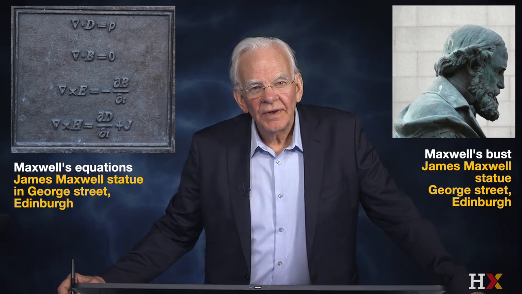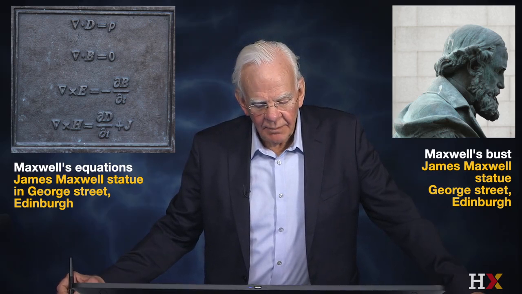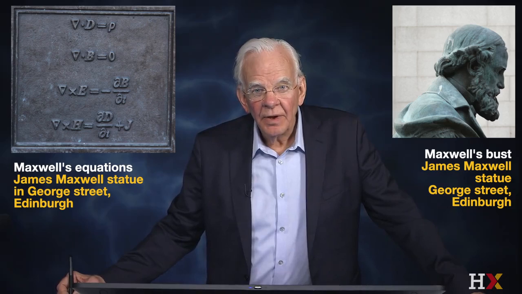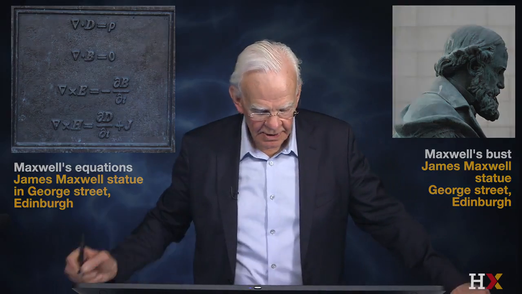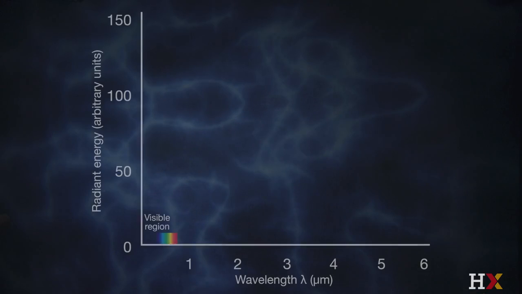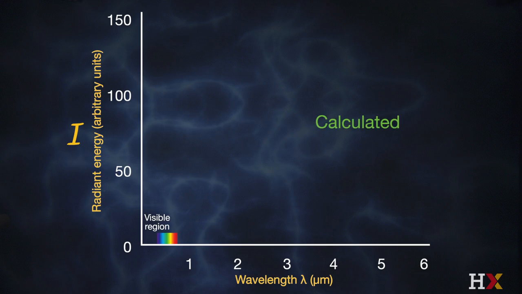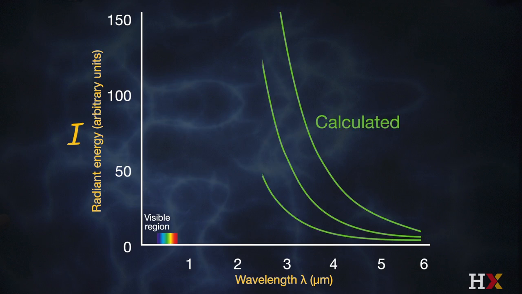The problem was that in the analysis of blackbody radiation, if we apply Maxwell's equations, we have a relationship between the radiant energy, which is what we've called the intensity, against the wavelength. If we calculate that with Maxwell's equations, we have a relationship that looks like that.